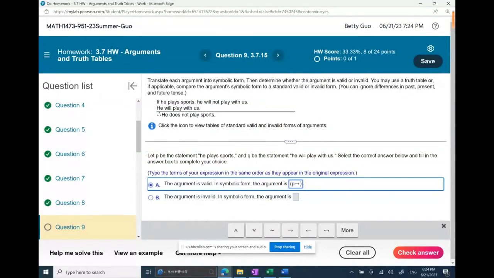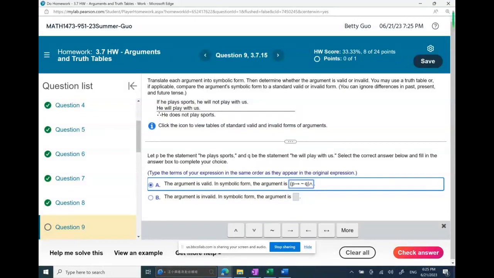If then, right? If he plays sports, he will not play with us. Q is he will play with us, so he will not play with us would be not Q. The argument has 3 lines in symbolic form.